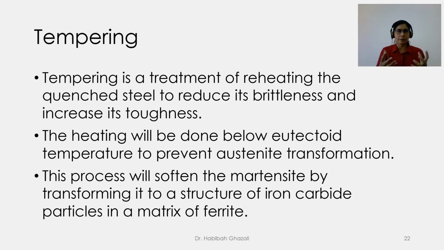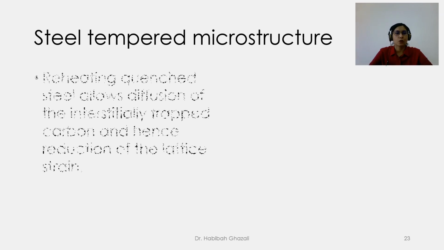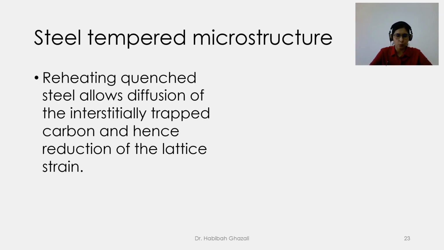So you will have a microstructure that is softer than pure martensite. Your strength of the material will be reduced, however, it will be more useful. It will not be too brittle. So reheating quenched steel will allow diffusion of interstitially trapped carbon and reduce the lattice distortion.